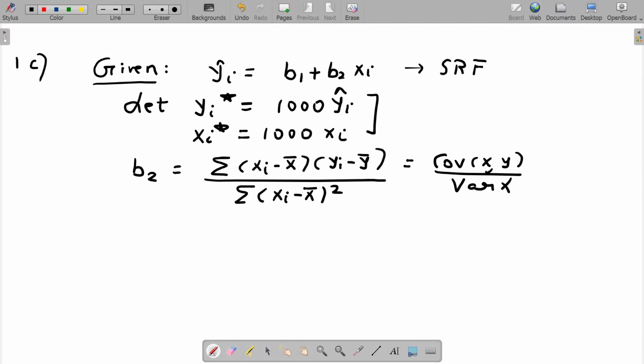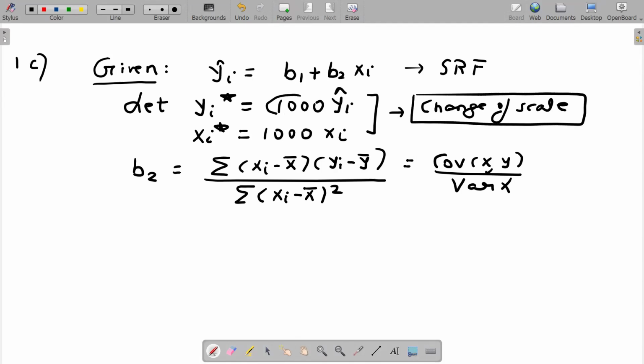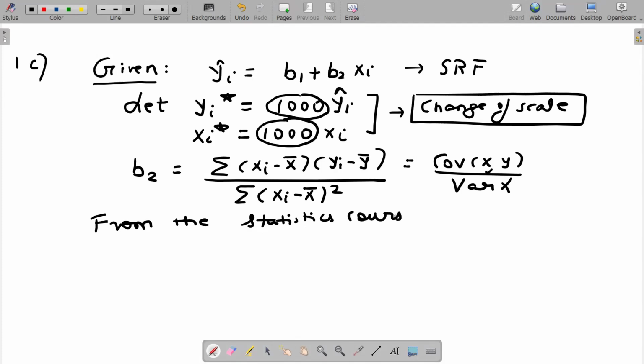Now, what is this? This is change of scale. Change of origin means when I add a constant to the variables. Change of scale means when I multiply a constant to both the variables. And we know from the statistics course that covariance of xy is not affected.